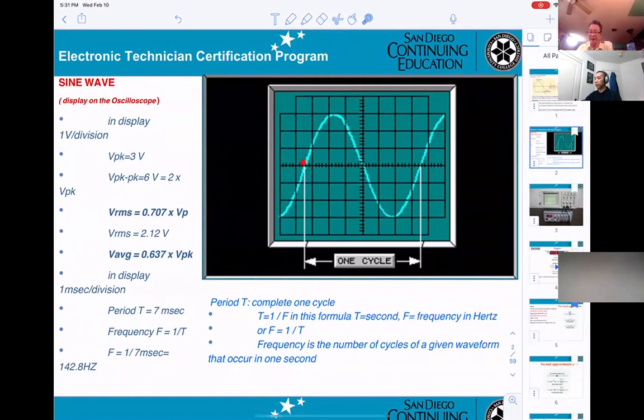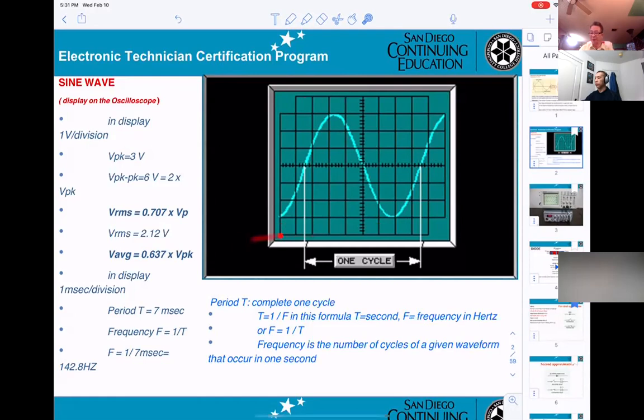And from this point here to this one here, one cycle, one period. Now, on this oscilloscope, they say 1 volt per division.